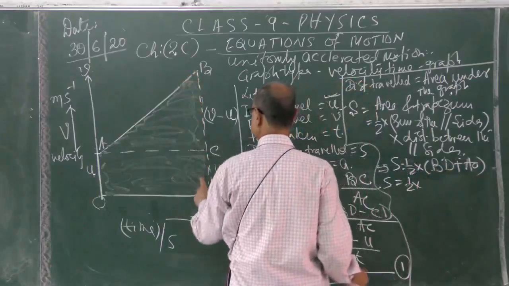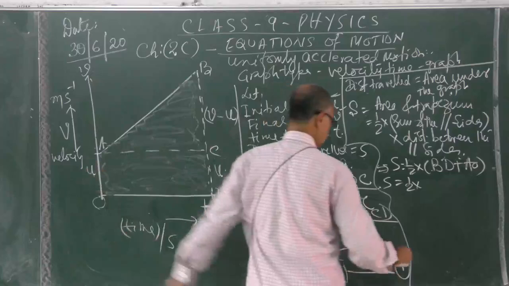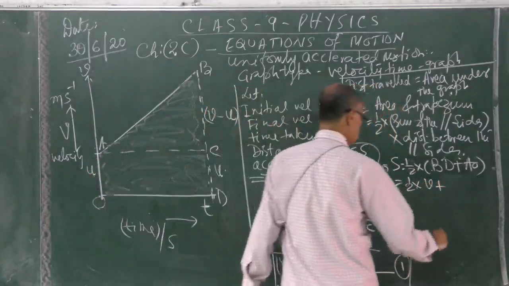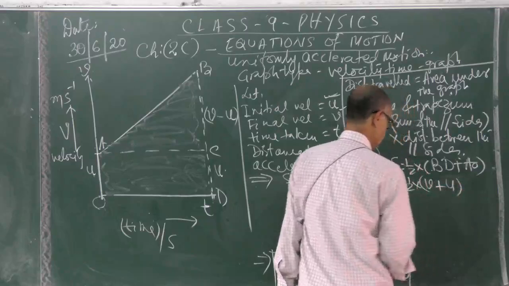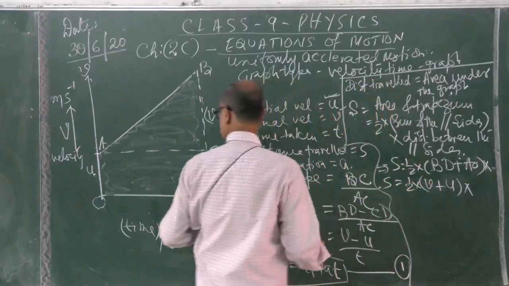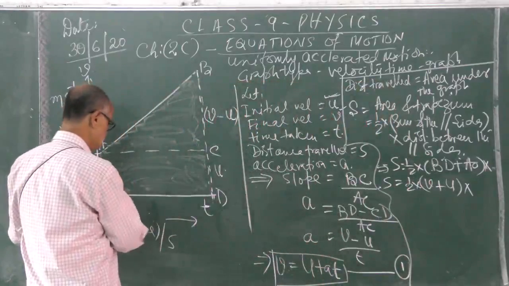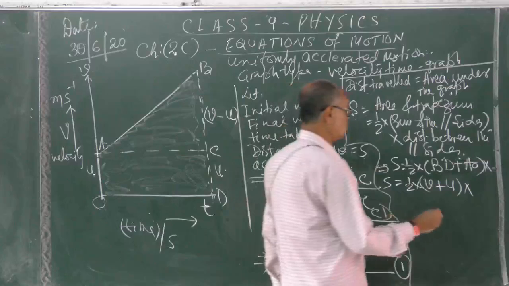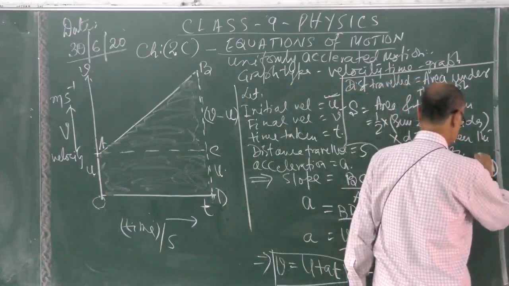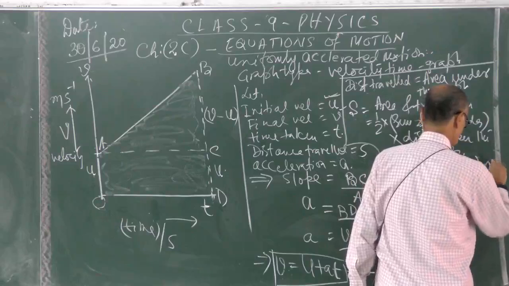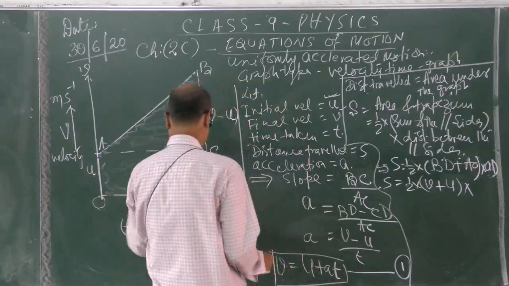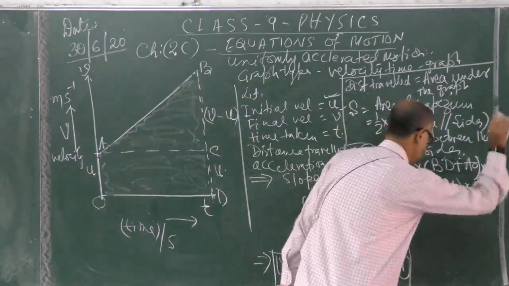The whole BD length is nothing but V, plus this side called U, multiplied by the distance between them, that is O to D, that is OD. That means this distance OD is actually called time.